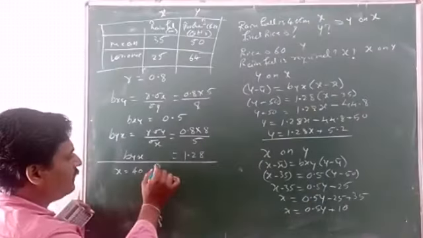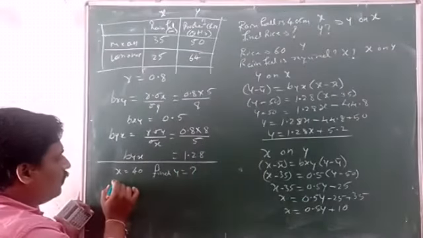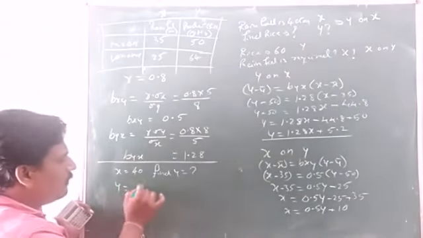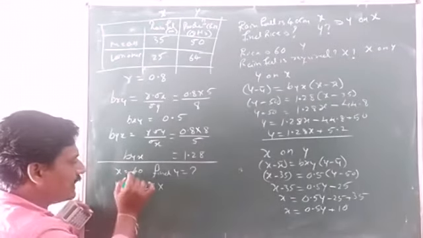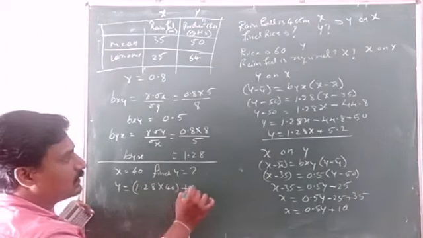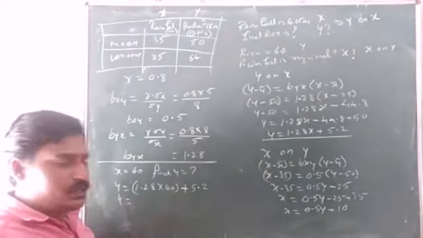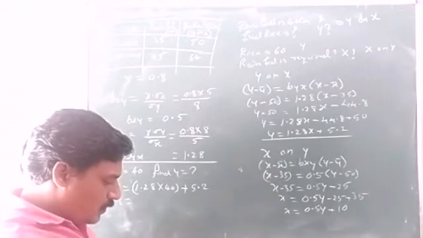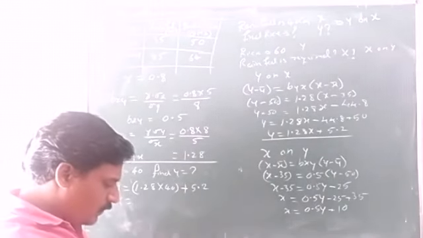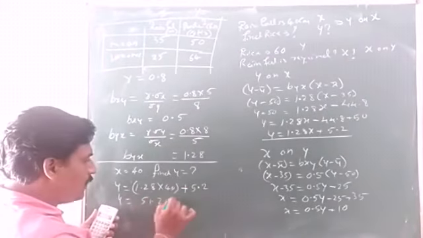So y is equal to 1.28 into the x value, 40, plus 5.2. 1.28 into 40 is equal to 51.2, plus 5.2.